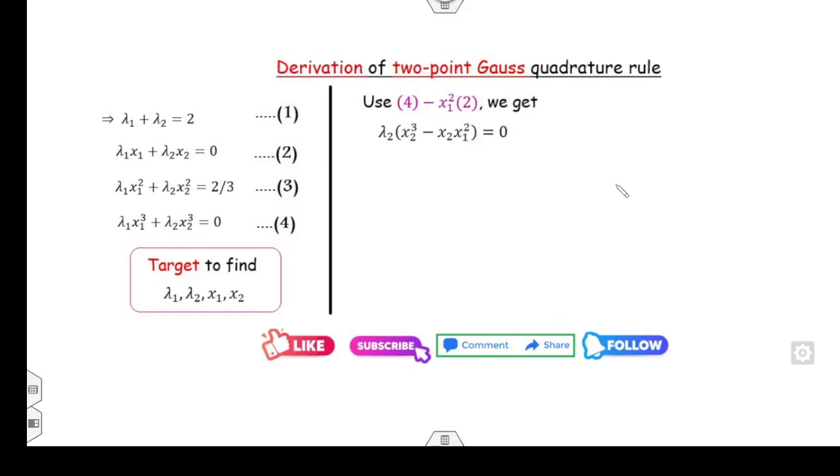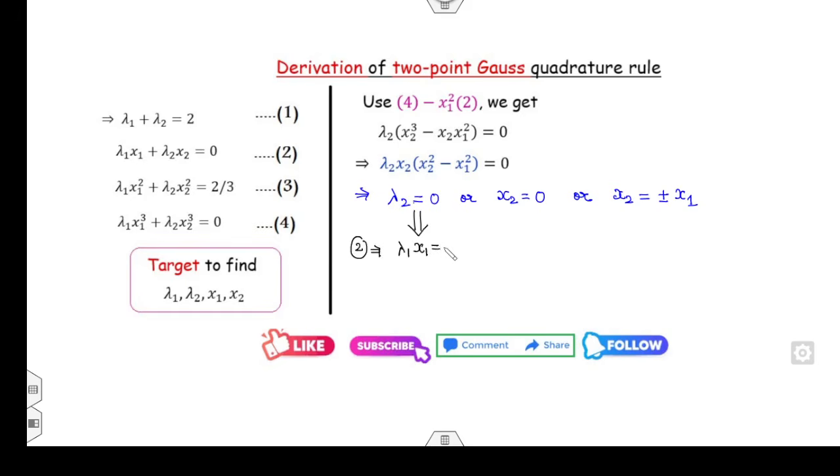Fine. So this becomes either lambda 2 is 0, or x2 is 0, or x2 is plus or minus x1. Now what will happen if lambda 2 is equal to 0? From equation number 2 we get lambda 1 x1 equal to 0. From equation number 3 we get lambda 1 x1 square equal to 2 over 3.